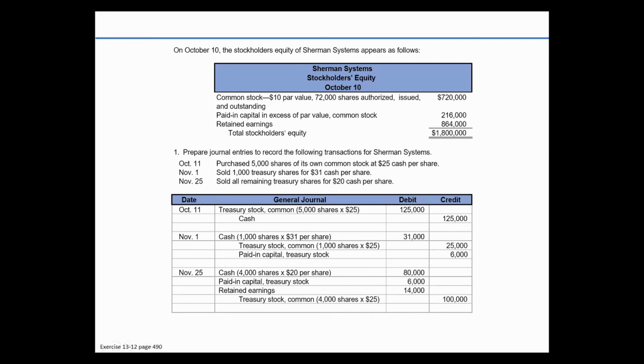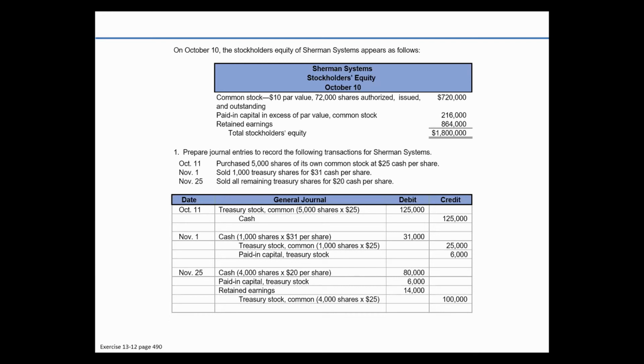Then on November the 1st, we sell 1,000 treasury shares for $31 cash per share. So we have a debit to cash in the amount of $31,000, which is 1,000 shares multiplied by the amount we sold them for per share.